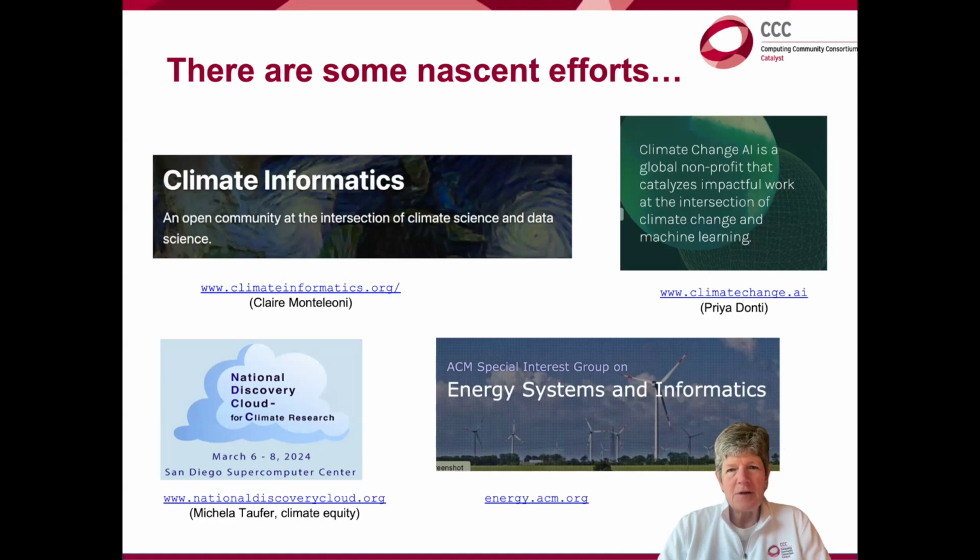But we need to reach much more broadly. And again, that's hard because people are ensconced in their silos. The optimization people don't go to the machine learning conferences and vice versa. By the way, there may be other efforts besides the ones screenshotted on this slide. If you know of any, please let us know. I have a link to a contact form on my last slide.